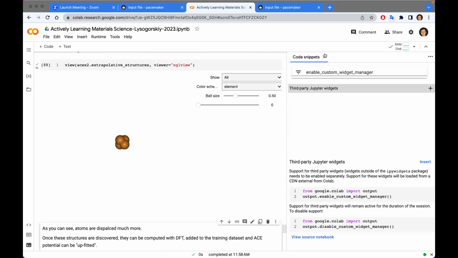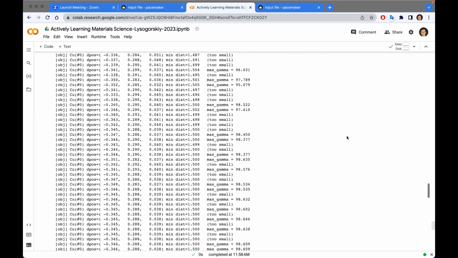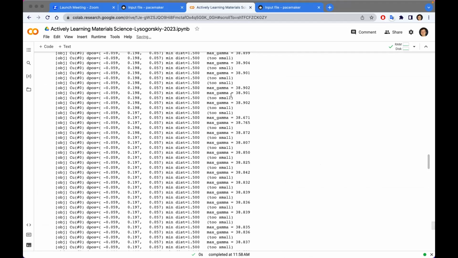Okay, so the snippet could be closed. First, in these logs, you can see that sometimes there is too small a distance, because I put 1.5 angstrom as a minimum distance to geometrically constrain that.